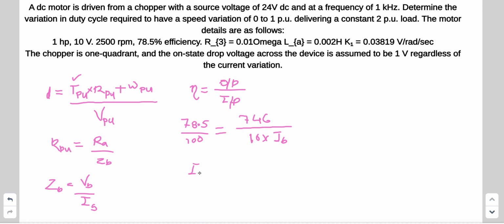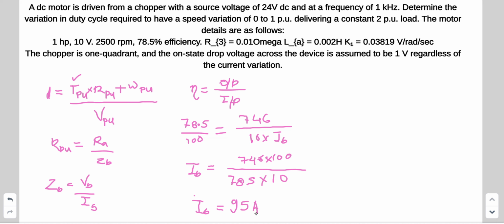From here I base will be 746 into 100 divided by 78.5 into 10. On calculating this, I base will be 95 ampere.